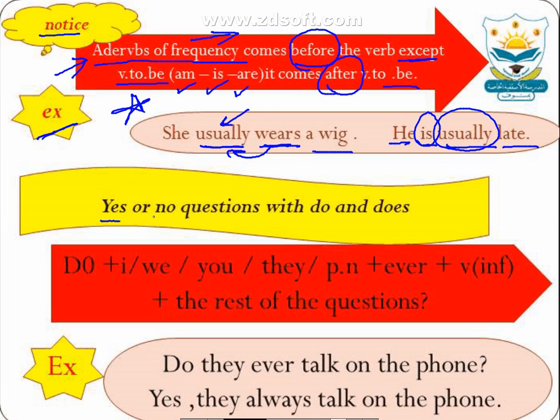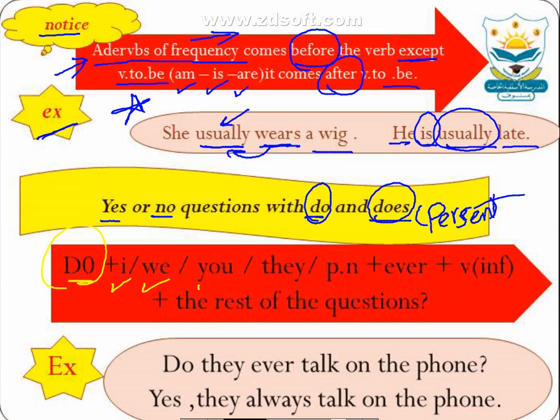Now, yes or no questions with do and does. Because I used do and does, you have to know that now we are talking in the present. What is the rule? We use do if the subject is I, we, you, they, plural noun, plus ever, plus verb in infinitive, plus the rest of the question.